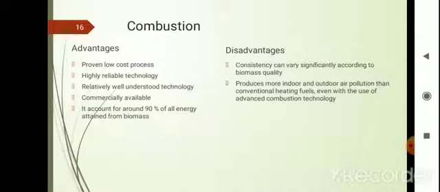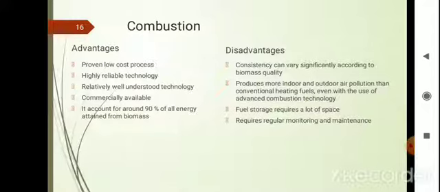That is a problem we have to reduce. It causes more indoor and outdoor air pollution than conventional petrol or other fuels. And of course the fuel storage requires a lot of space. That is the problem with solid fuel combustion compared to liquid and gaseous fuel: storage and transport are a big problem, and it requires regular maintenance and monitoring.